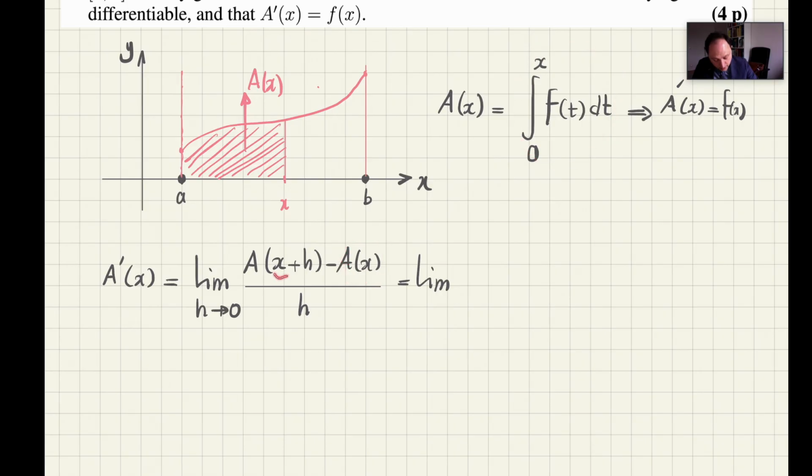But A of x plus h means that you replace x with x plus h. So this becomes the integral from 0 to x plus h of f(t) dt, minus the integral from 0 to x of f(t) dt, and divide everything by h, and h goes to 0.